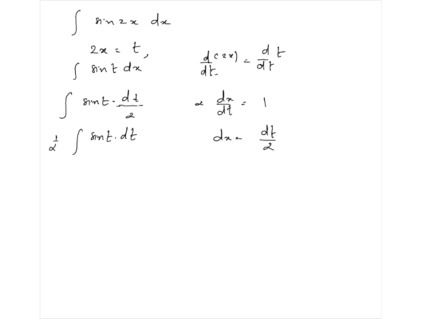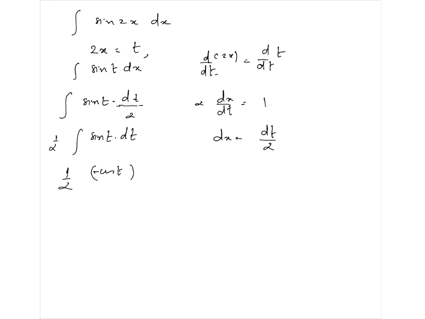And now, what is the integral of sine t with respect to t? That you know for sure. Sine of variable with respect to the same variable when integrated, that formula you know. What is that formula? Minus cos t.